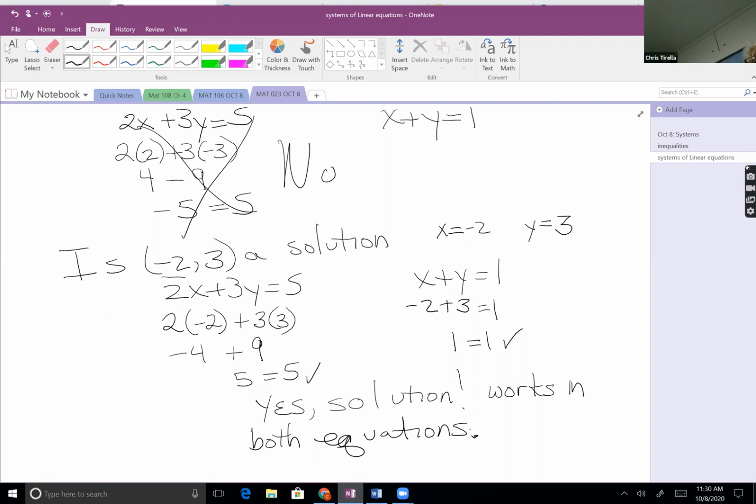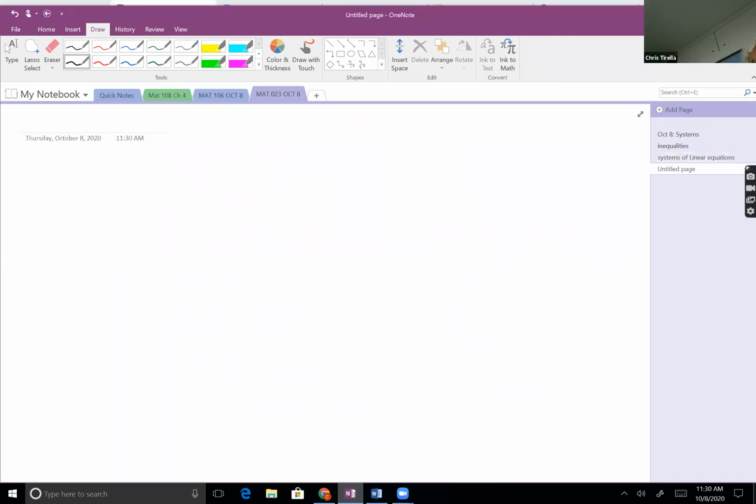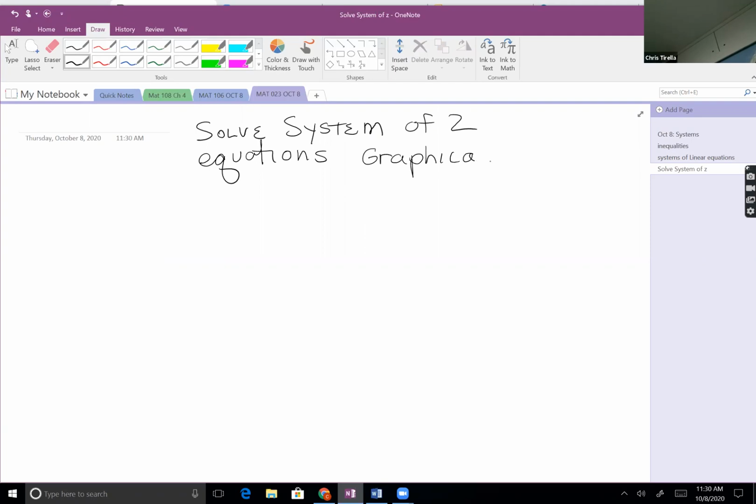All right? If so, we know how to check, but now we have to know how to solve. We're going to solve systems, and again, we're going to look at two equations, by graphing. So we're going to solve systems graphically. The first thing we're going to do is graph the first equation.